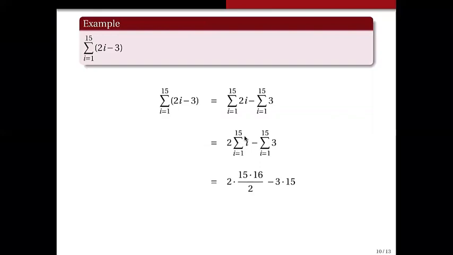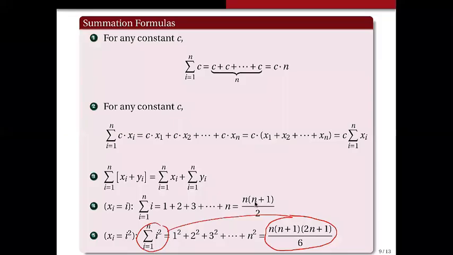So, for this guy, you have, of course, this 2 times this summation of i from 1 up to 15, it's 15 times 16 divided by 2. So, n times n plus 1 divided by 2.